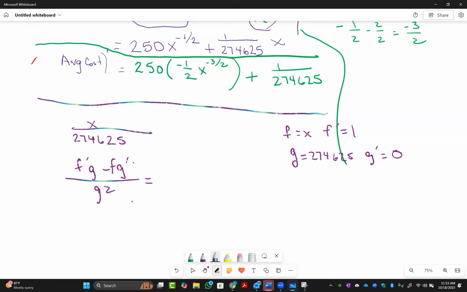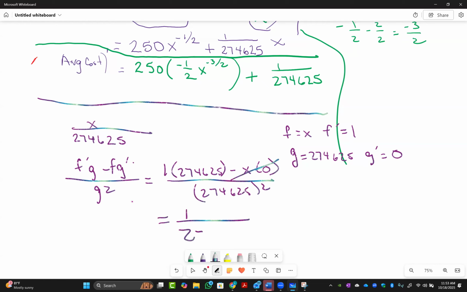We have 1 times 2,746,25 minus x times 0, divided by 2,746,25 squared. This goes away. I have that squared. It still equals 1 over 2,746,25. One of those will cancel, right?